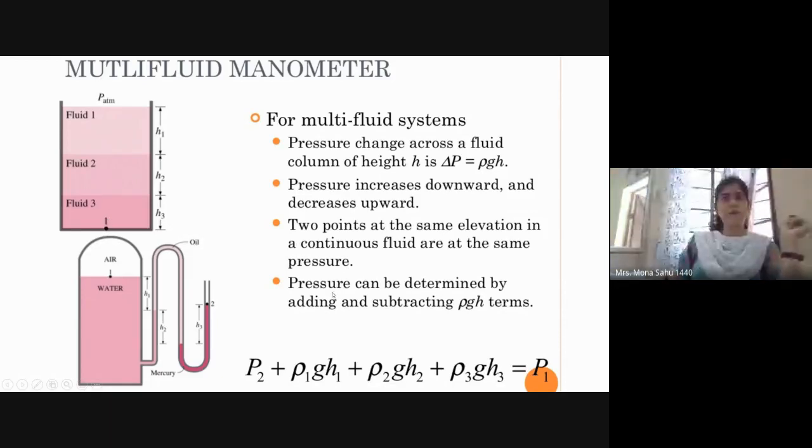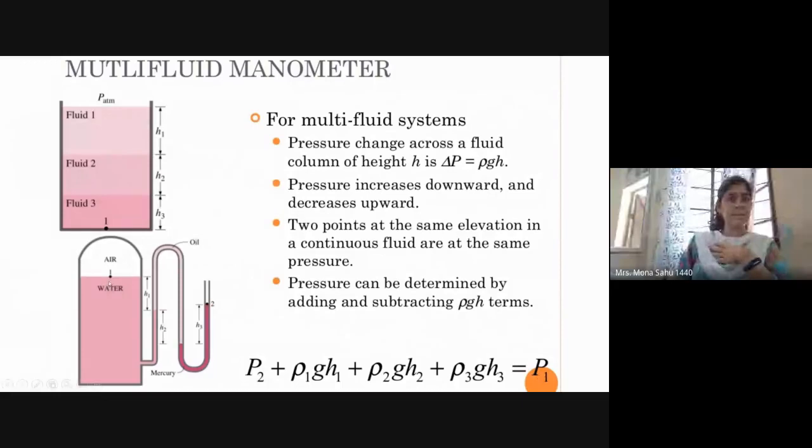So how do you give the pressure in terms of rho g h? At point 2, atmospheric pressure plus rho 1 g h1 plus rho 2 g h2, because different fluids have different densities, plus rho 3 g h3 equals P1. So you can easily calculate.